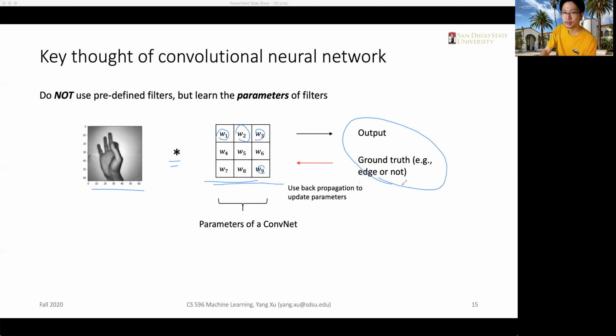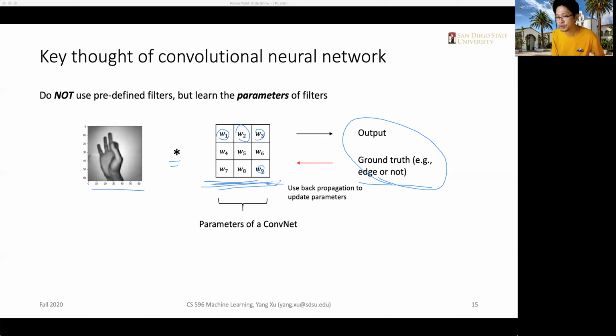If the label is about objects, right, whether it's a hand or it's not, then the resulting filters can be used to do that prediction. Okay, so the filters are not predefined. They are learned from the data, and that is basically the simple idea.